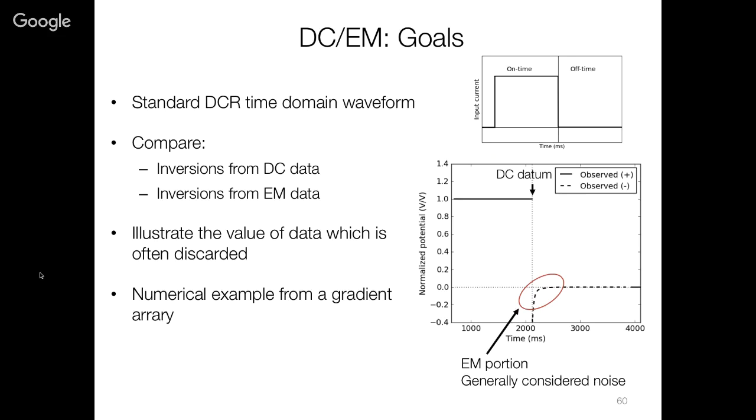We turn it off, and then we've got no input signal. The IP is going to be generated in this region in here. We'll talk about that. But the point I want to make here is that the moment I turn that current off, what do I got? I got a time-varying magnetic field that's going everywhere.